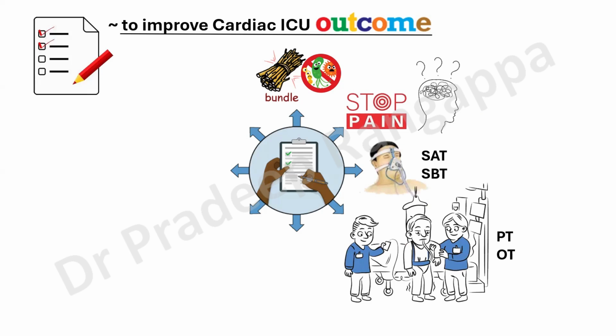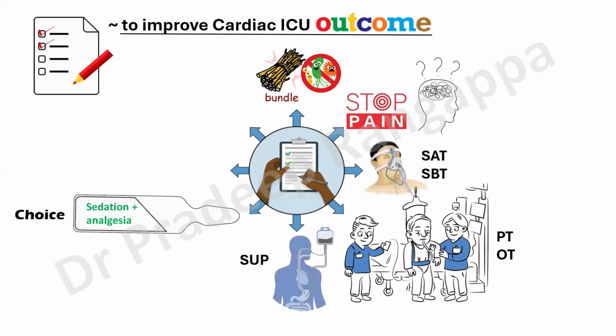Early enteral nutrition has been emphasized in cardiac critical care with stress ulcer prophylaxis, and the choice of sedation and analgesia to be thought of has been emphasized.